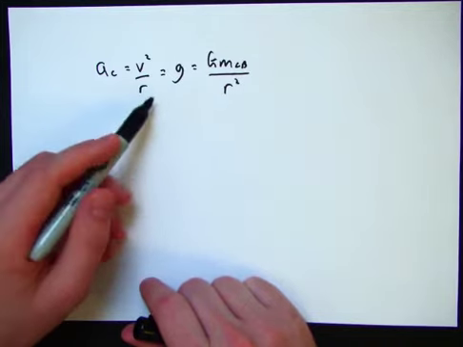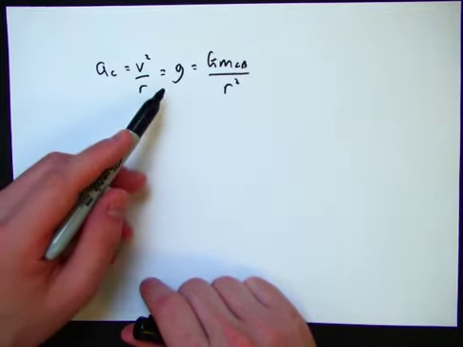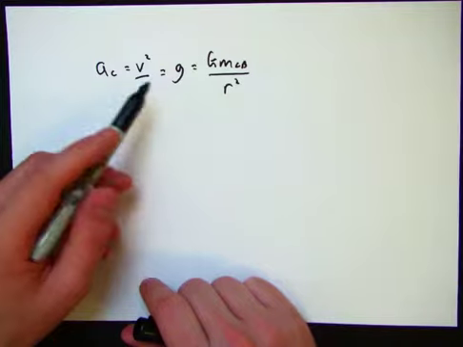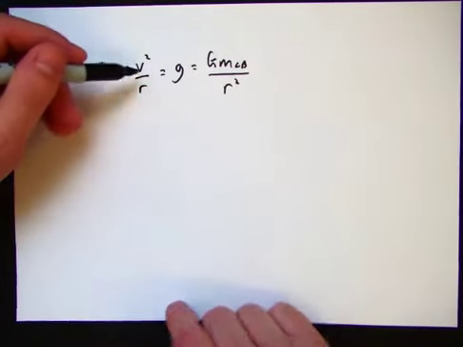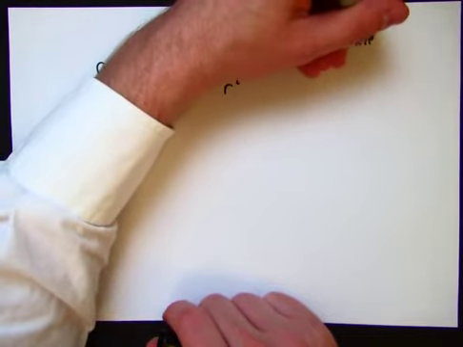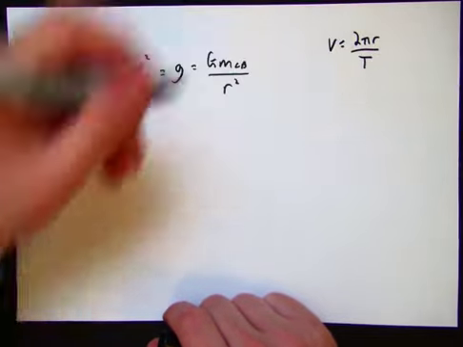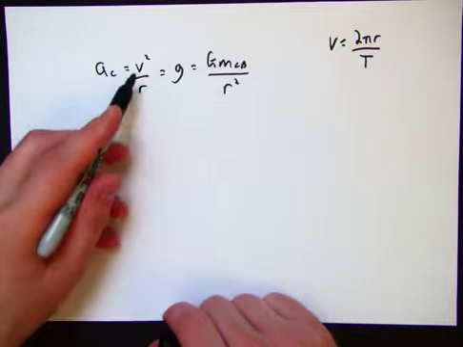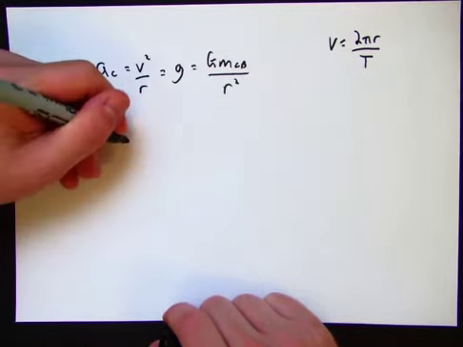And I'm going to try to relate these now. I did this last time for showing the speed of a satellite, but I'm going to take it a step further and really dive into what v is. Recall that v is equal to 2 pi r all over the period. So I'm going to plug this in for v.